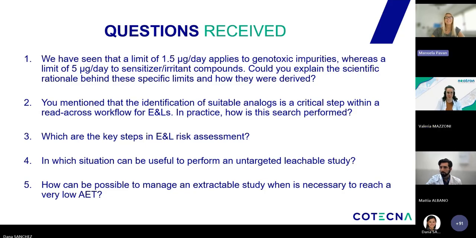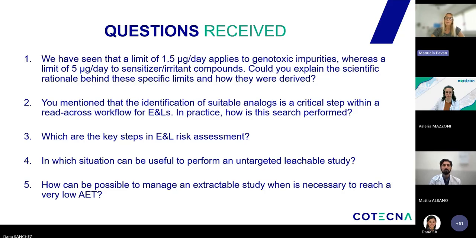Thank you, Valeria. Yes, the default limits of 1.5 microgram per day and 5 microgram per day associated with genotoxic and sensitizer compounds, respectively, derive from the adoption of two different approaches. The limit of 1.5 microgram per day is based on the TTC concept, threshold of toxicological concern, which is a risk-based approach that is used to estimate the daily intake of a mutagenic compound associated with only negligible lifetime cancer risk.